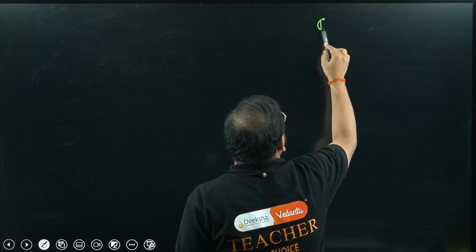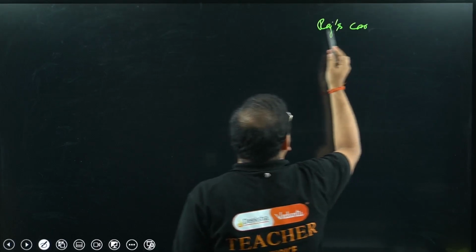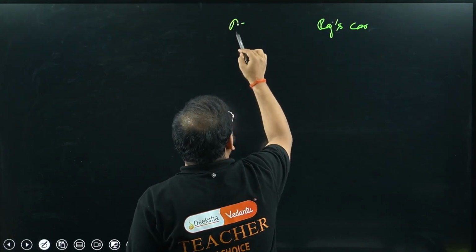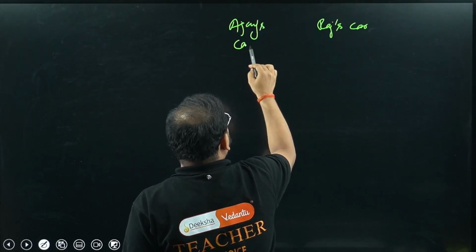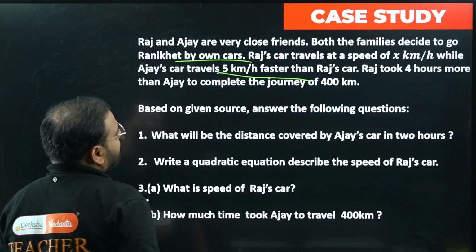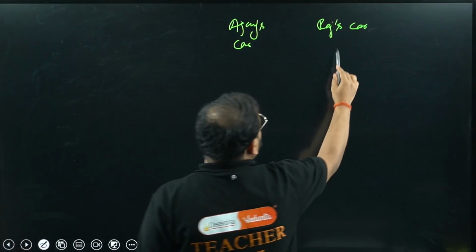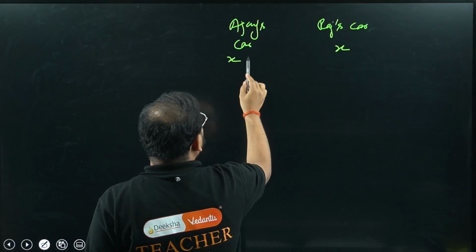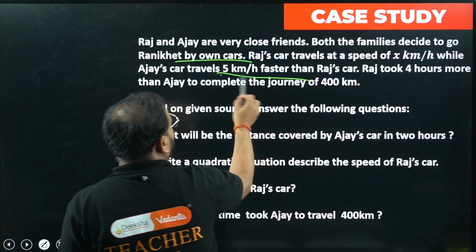Raj took 4 hours more than Ajay to complete the journey. Please check. So first write here Raj's car and Ajay's car. See the speed now. Raj's car is X. Ajay's car is X plus 5, because it is 5 km faster.